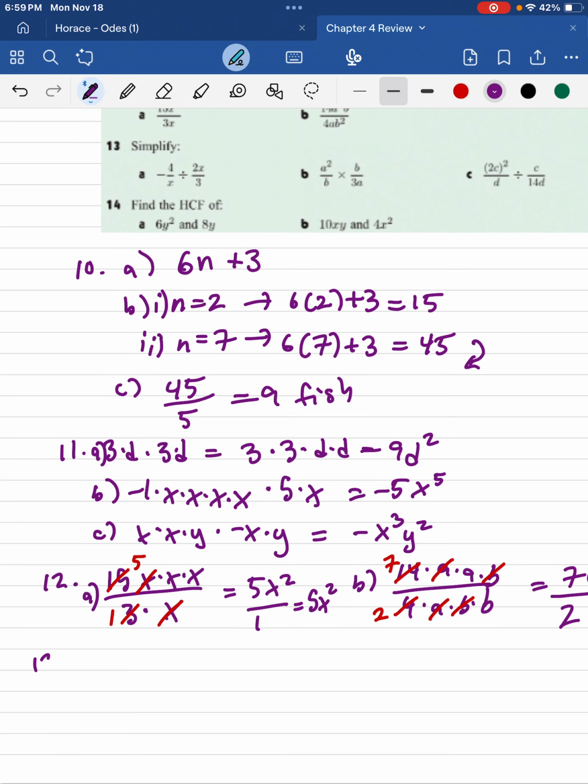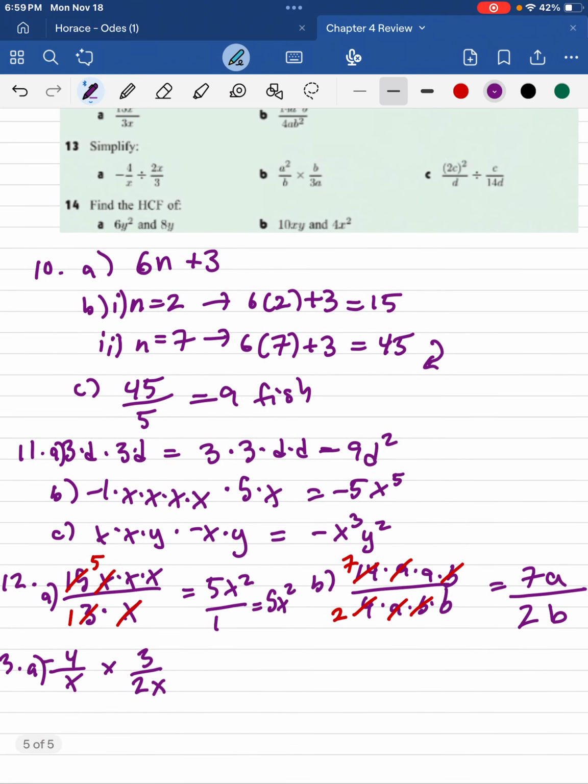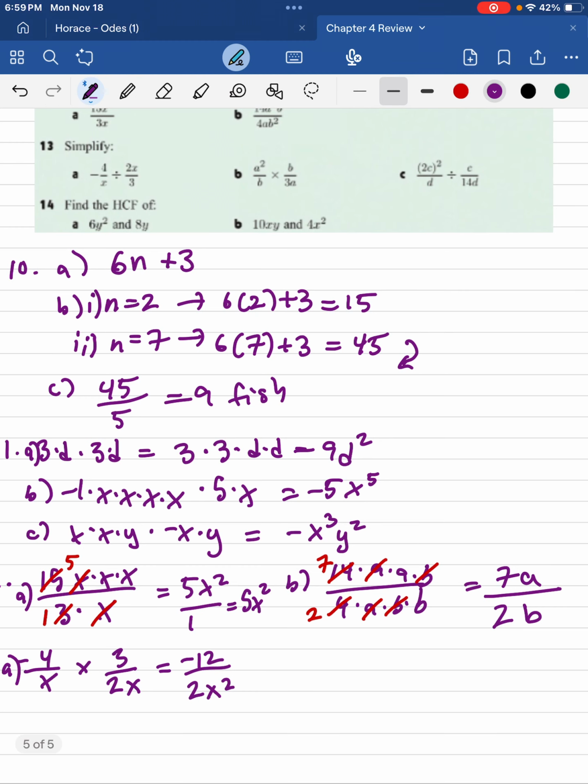Number 13, and make sure that I just divide. Okay, so -4 over x. Divide means keep, change, flip. So I change it to a multiply, and then I flip the fraction. Okay. So if I multiply straight across, I get -12 over 2x squared.